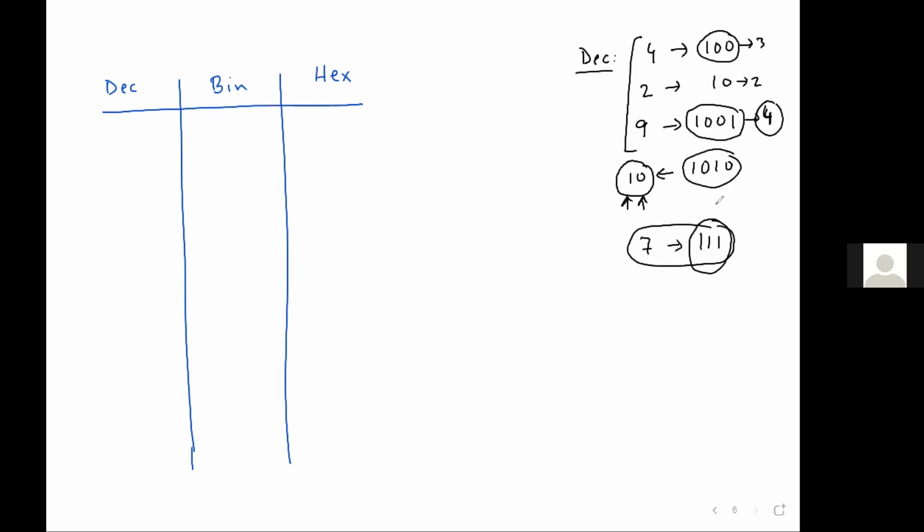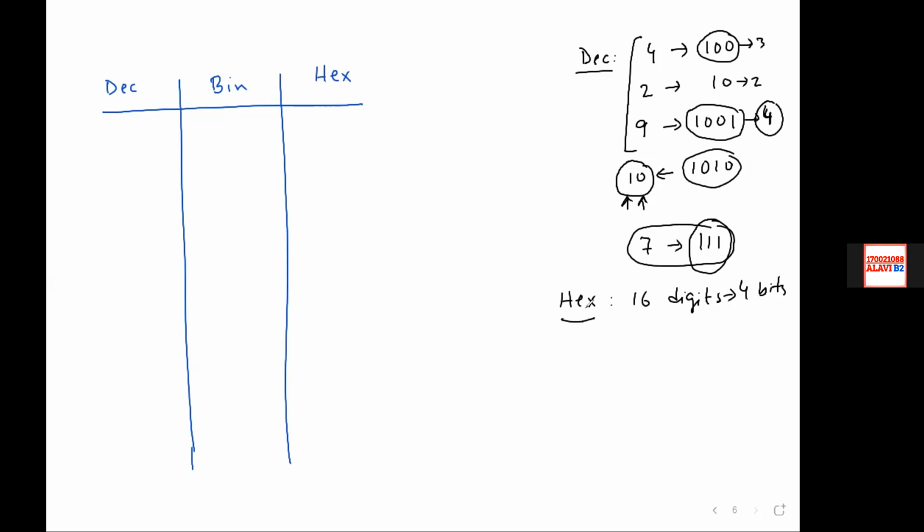To solve this problem came the hex. You see that in hex we have a total of 16 digits, and these 16 digits utilize the total combination of 4 bits. In 4 bits you can have a total of 16 combinations. So all the 16 combinations of 4 bits are utilized by this hexadecimal number system. Did you guys at least get what I'm trying to say?